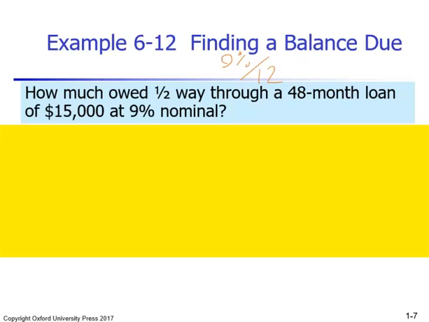But that is not the part that I said is insightful. It is asking you how much is owed. What is the outstanding balance halfway, at the end of the second year, because the loan is a 4-year one.